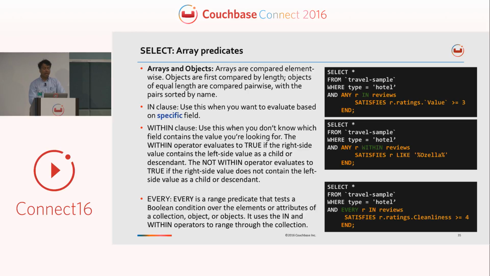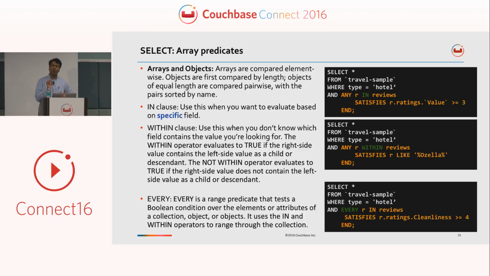Within is used when you do not know which key value, which attribute, you're looking to compare. In the first case, we knew the value that we were looking for is rating dot value. That attribute should have this value. Sometimes in the flexible schema, you don't know, if you are unaware of what you're looking for, you can simply say R within reviews.